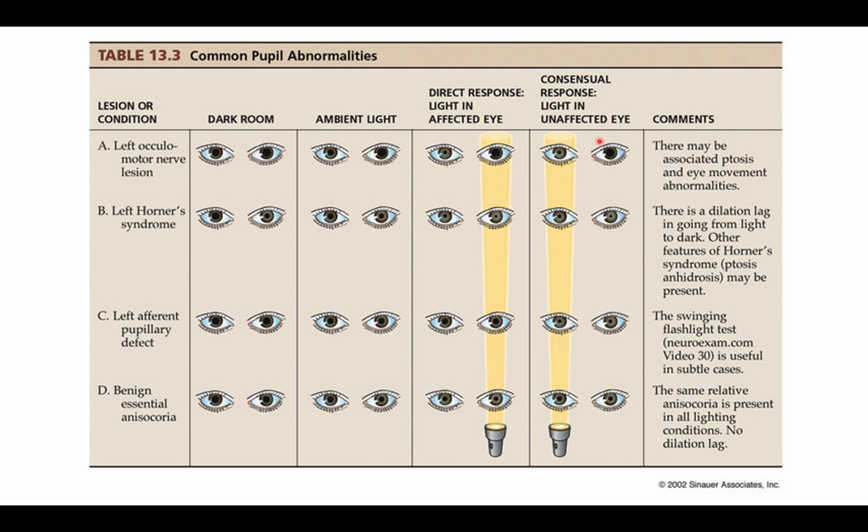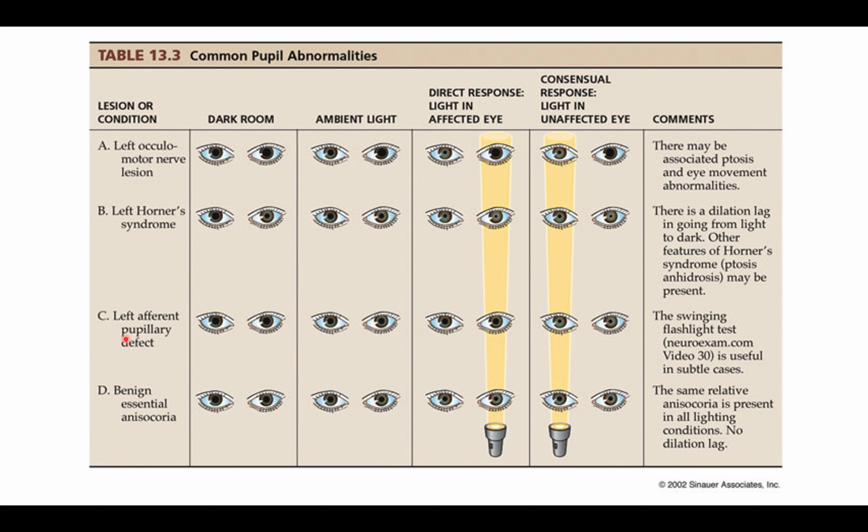It is still dilated. In the left Horner syndrome, it is the opposite. The affected pupil is constricted, and when we shone the light, the constriction is more, and it is not affected by the consensual response.